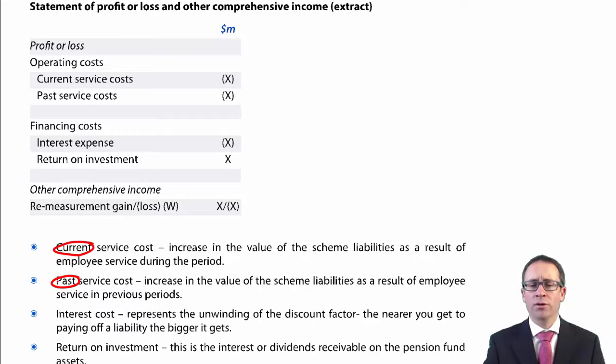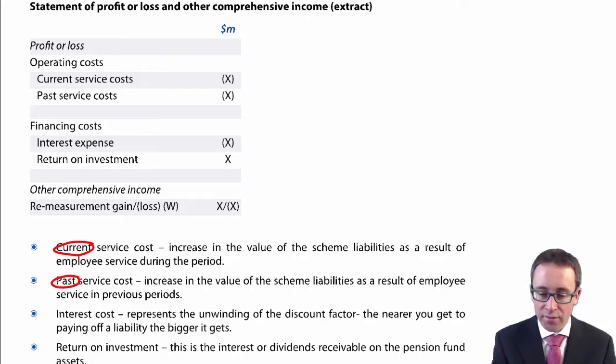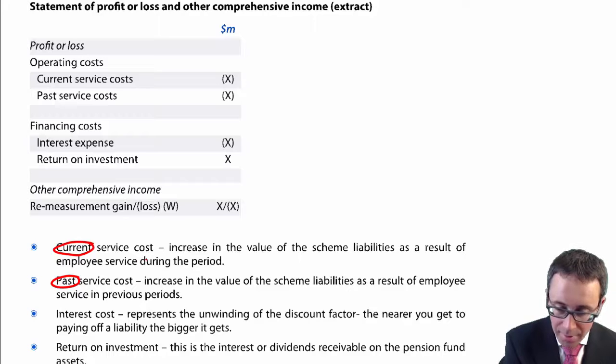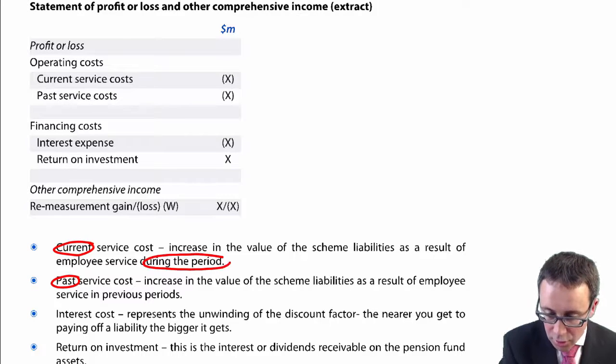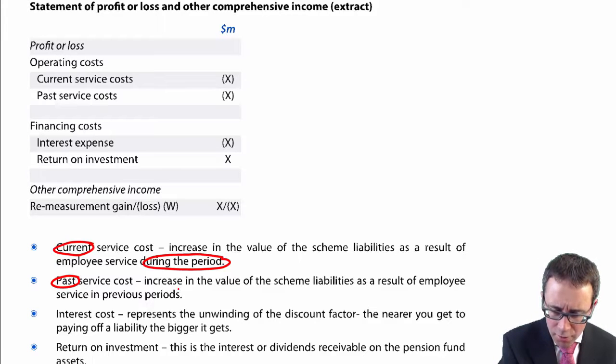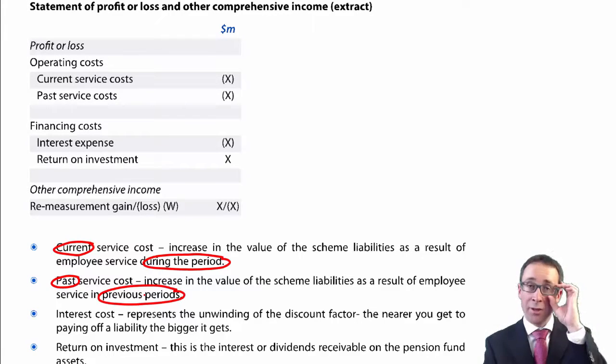So if your employee goes through there and works 1 year longer, okay, then you owe them an additional year worth of pension. Okay, so what we're going to go through and do, the current service cost is an expense that you recognise as a result of employee service during the period. And then your past service cost is something that you may recognise in previous periods.